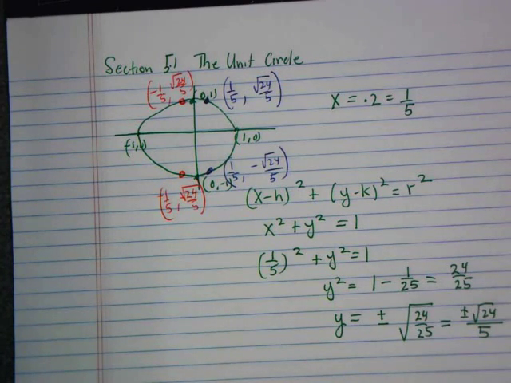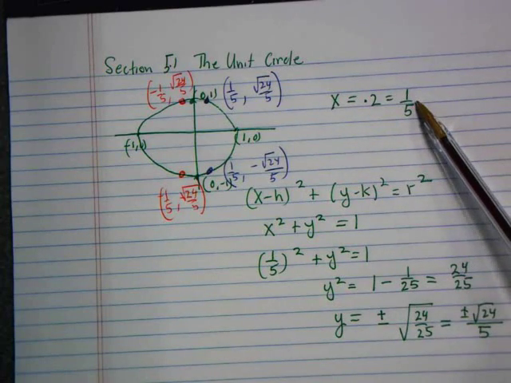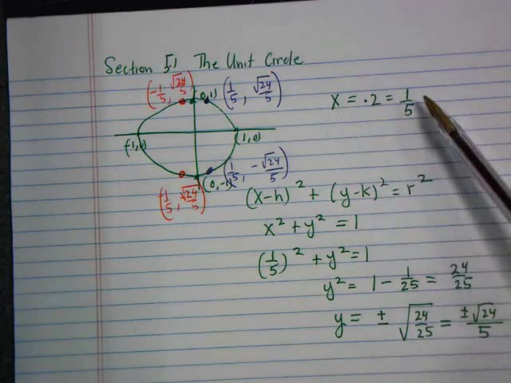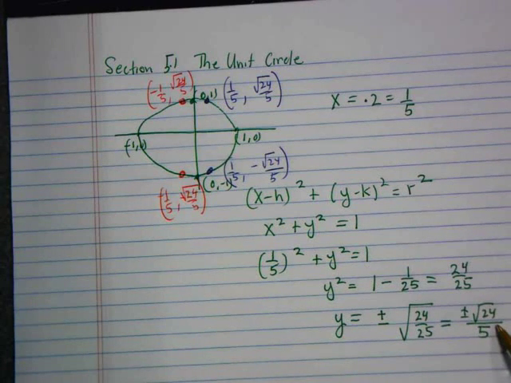What if, instead of x equals 1/5, I had chosen y equals 1/5? How would that change things? If I chose y to be 1/5, what's x going to turn out to be? X would turn out to be that, wouldn't it?